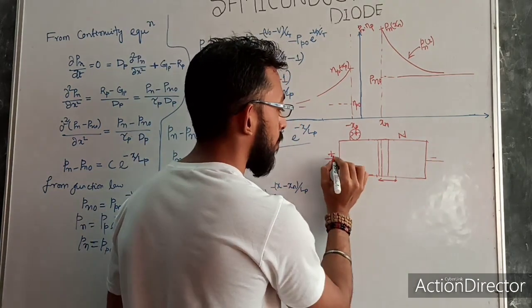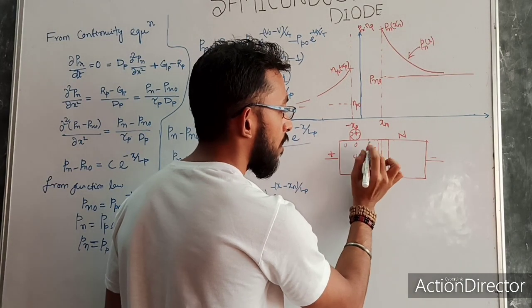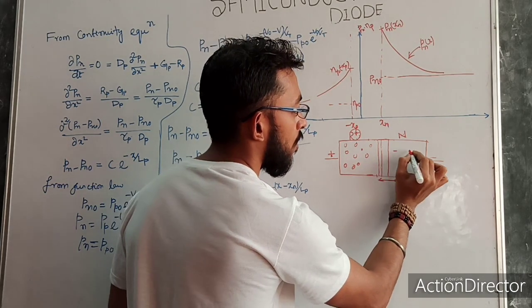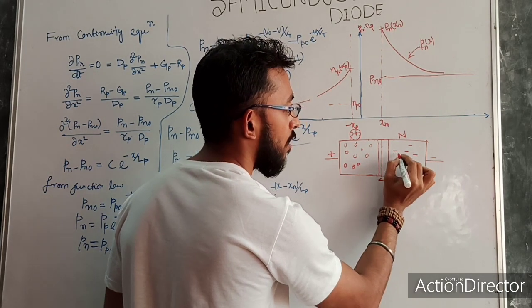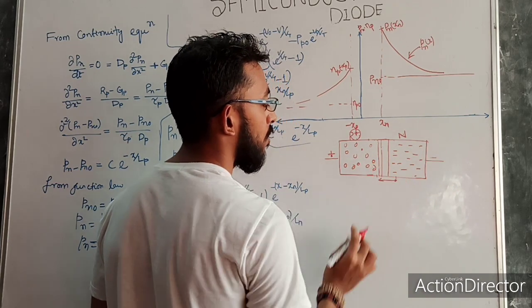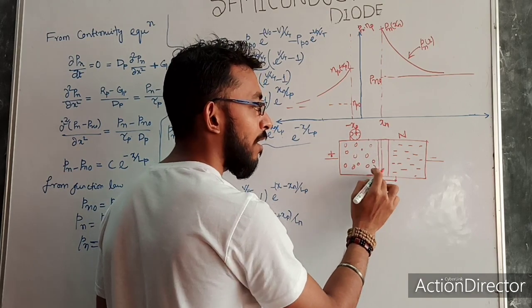This is negative charge, this is positive charge. The holes are the majority carrier over here, and the electrons are the majority carrier over here. Majority means there are plenty of electrons present here and plenty of holes present here.